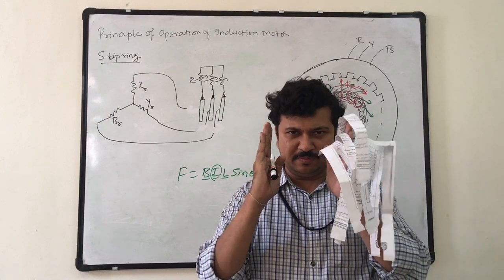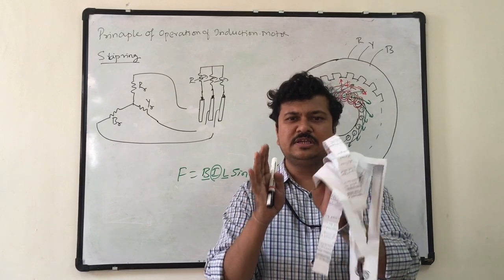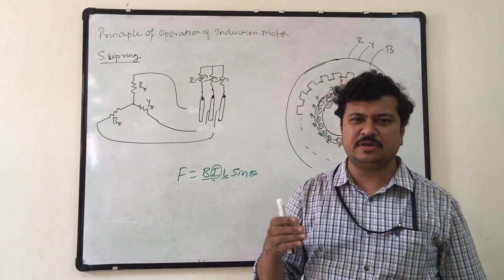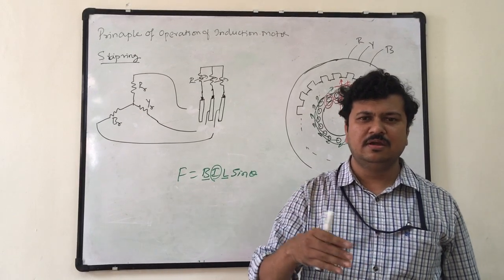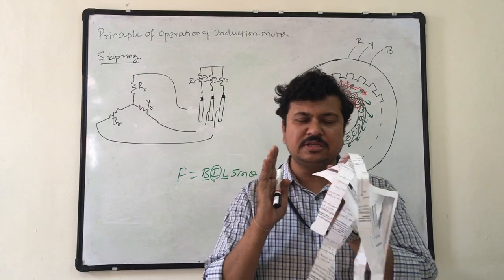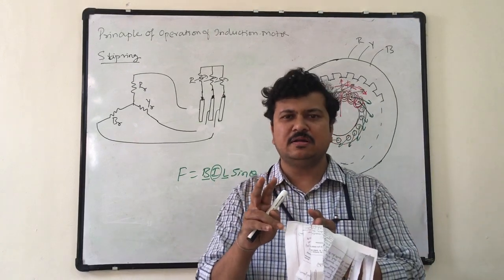So when two trains will be moving at the same speed, these two are stationary with respect to each other. Then the people will be transferred from one train to other train. The people are saved.